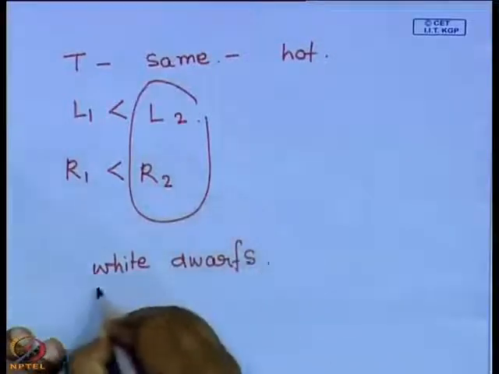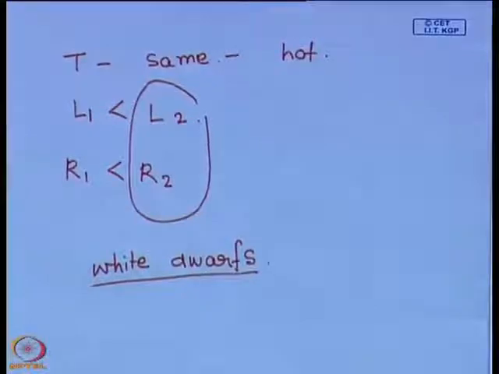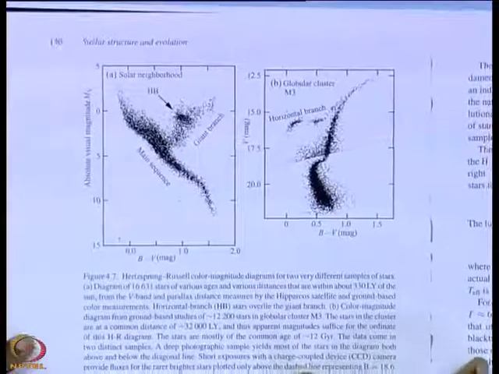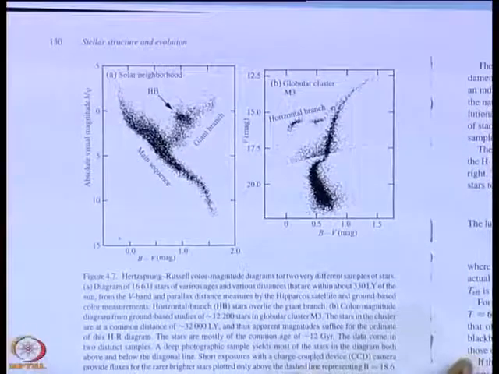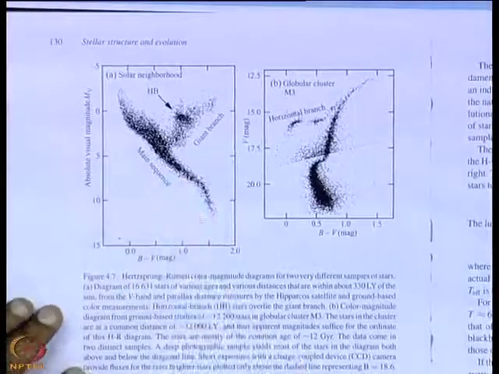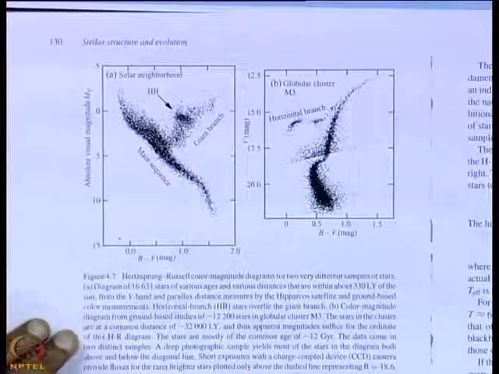So now you start to appreciate the utility of this HR diagram. You take any star and put it on the HR diagram. If you know its distance, or if you know it's in a group, then you compare it with the other stars. You do it just by placing it on the HR diagram.